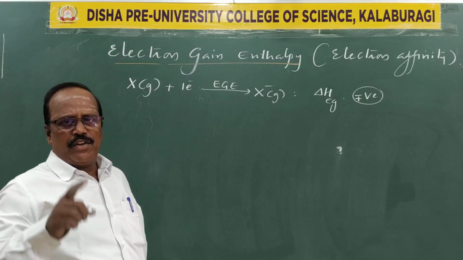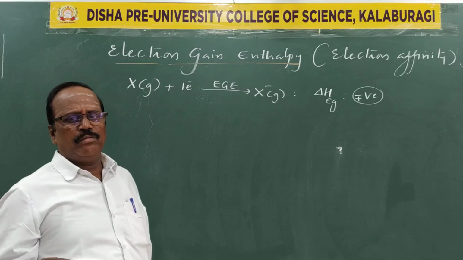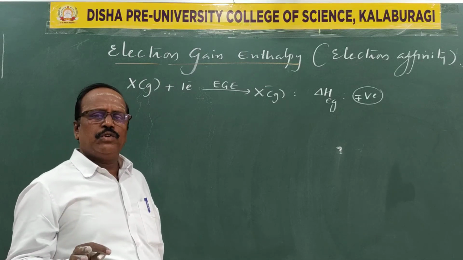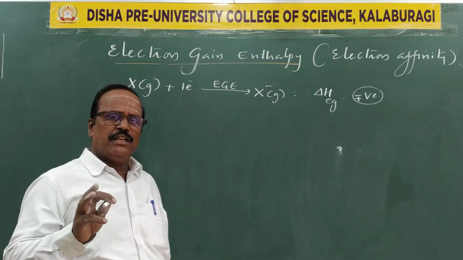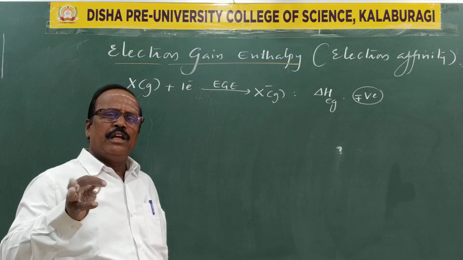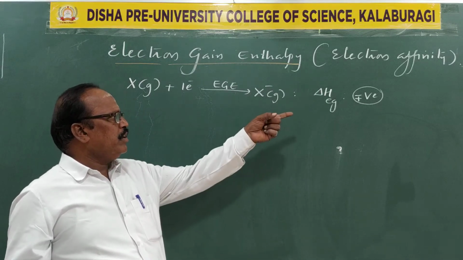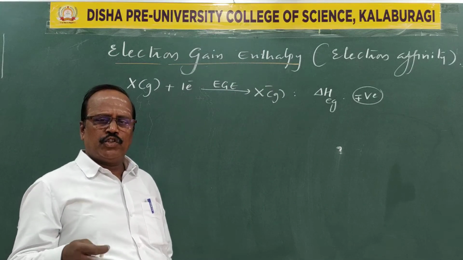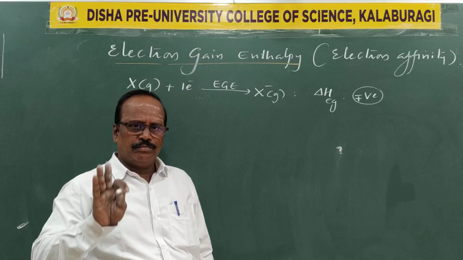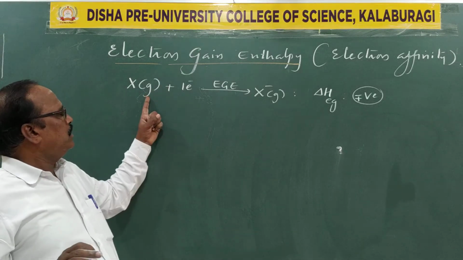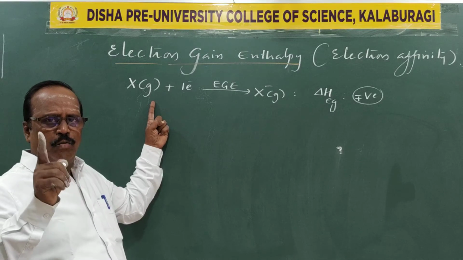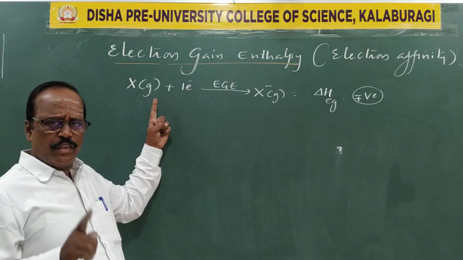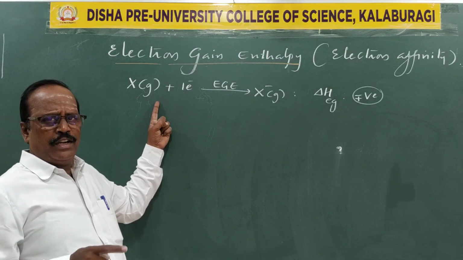But ionization energy is always endothermic. It is a positive quantity. On the other hand, electron affinity, or electron gain enthalpy, may be endothermic or exothermic. It may be positive or negative. Here, we are adding one electron to this X, which is a non-metal atom.